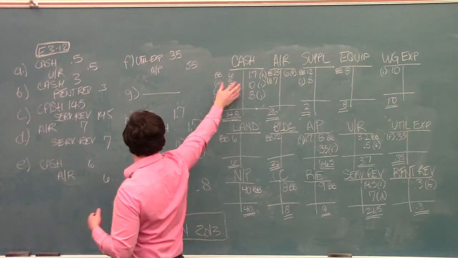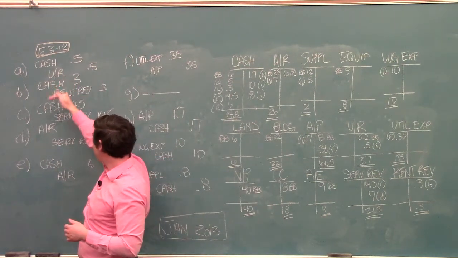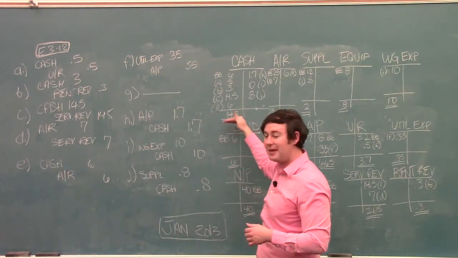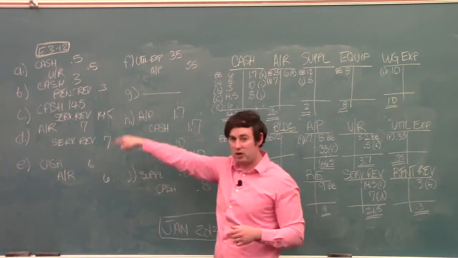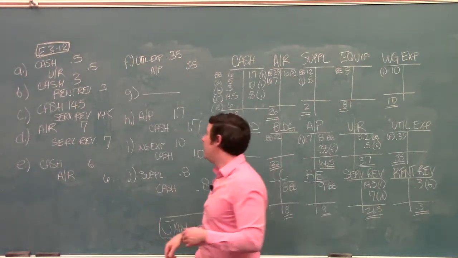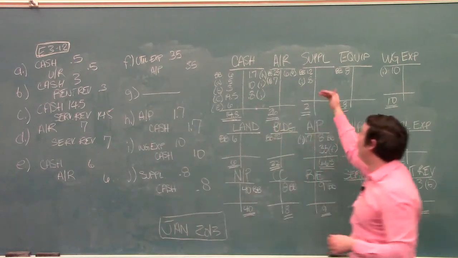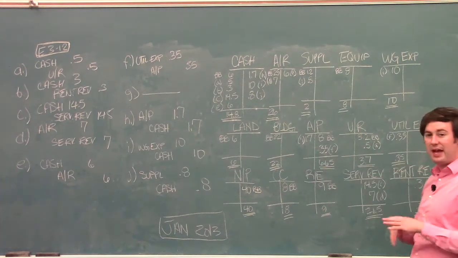If we start with the first one listed here, cash, we'll look here, we've got cash, cash, cash, cash. We'll start posting all the debits to the cash account, and we'll make reference by the letters for each one of the transactions that we had. Then we look for any credits to the cash account and post any of those that we find. And we go through that process for each one of the accounts until we get all of the transactions posted.